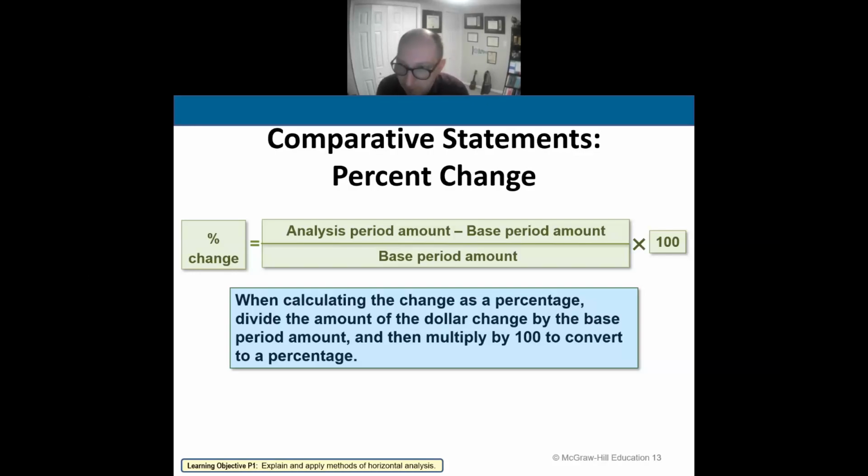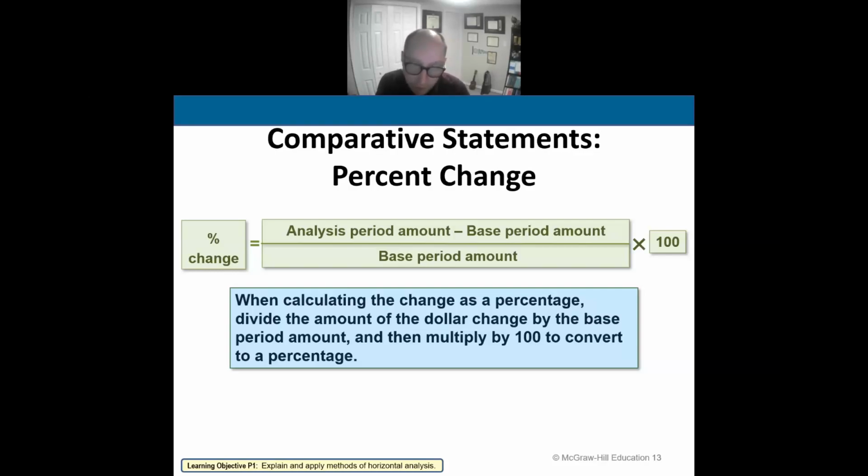So new minus old divided by old. It's just a quick trick. New, current, minus old, last year, divided by old, last year, times 100. That gives you the percent change.